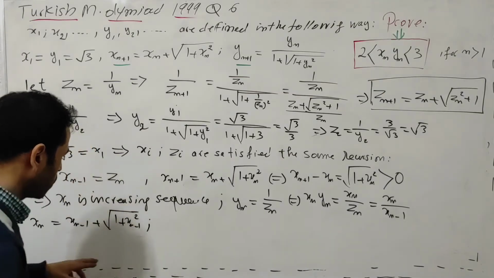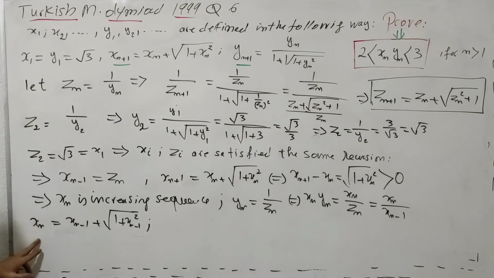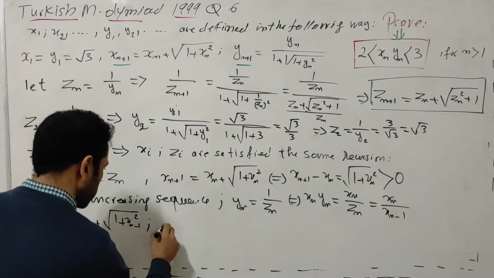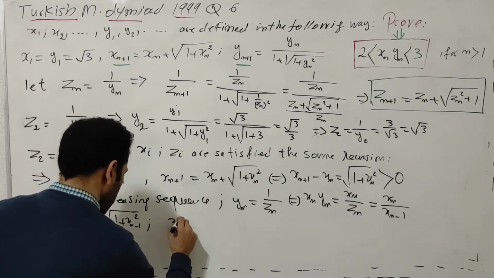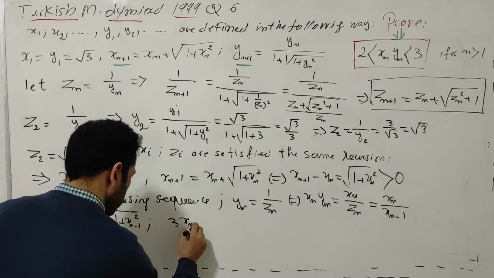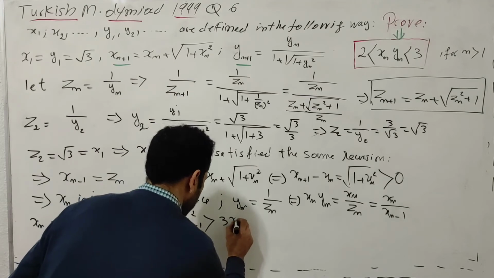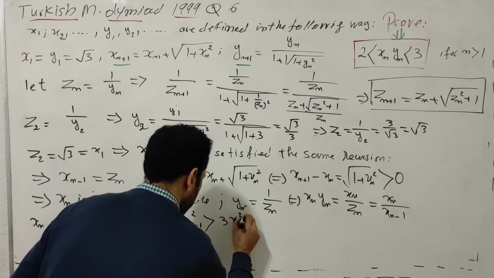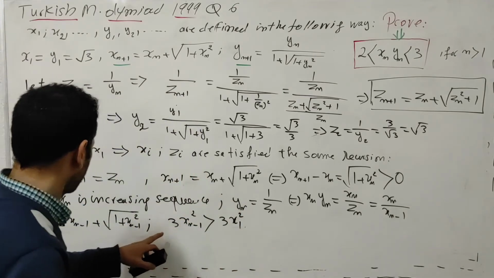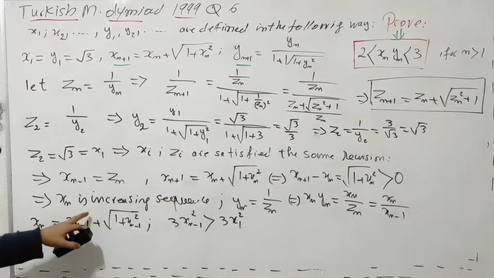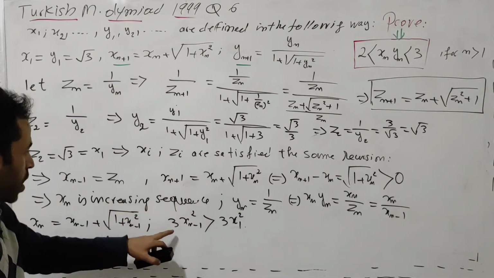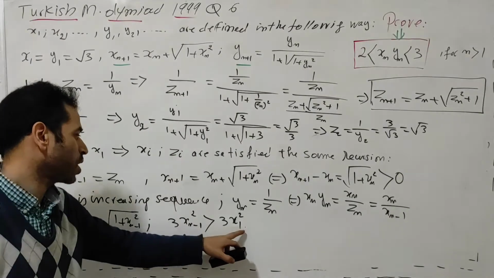And on the other hand, we have 3 x sub n minus 1 squared is strictly superior than 3 x sub 1 squared, because as we have an increasing sequence, that means x sub n minus 1 is strictly superior than x1.